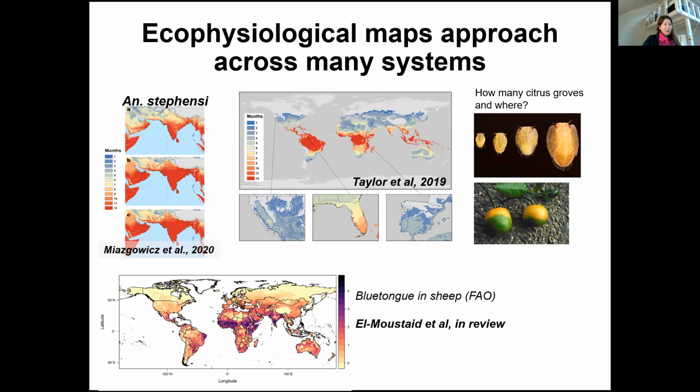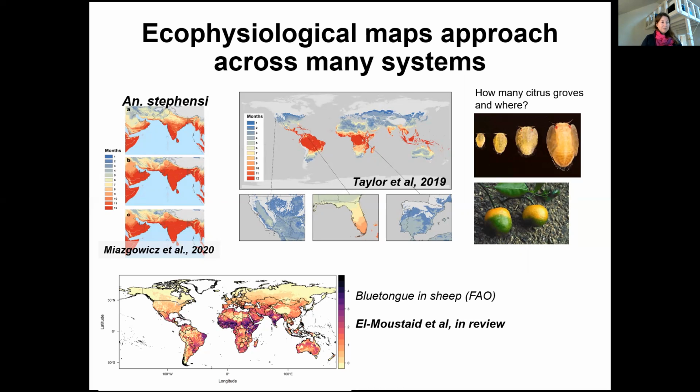In the middle here, we have a map of citrus greening disease, which is another vector-borne disease. This speaks to the economics of citrus groves, and we can think about anticipating where this disease might be more suitably transmitted in the future, where we might want to get out there with new technologies for treating it, which are coming up.